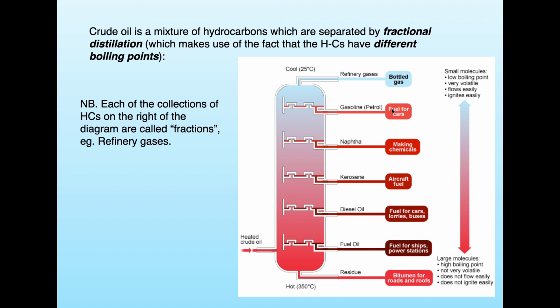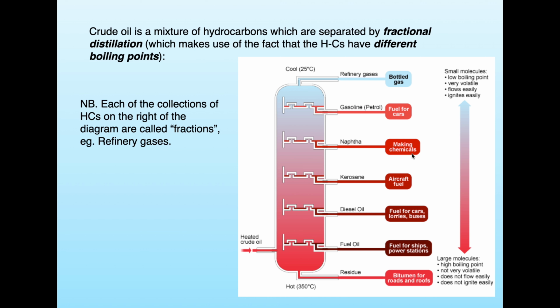So for example, at the top here, you've got refinery gases. Okay, now you need to learn these particular things. I know it's a lot of information, but you need to learn that at the top you get refinery gases, which is methane, ethane, propane, butane, and that goes to be bottled gas or natural gas. Okay, and then the next fraction is gasoline or petrol, and that's fuel for cars.